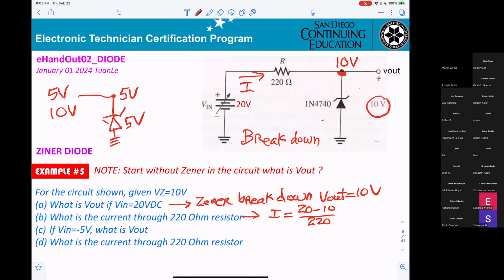Now, they change the voltage in to 5 volt.